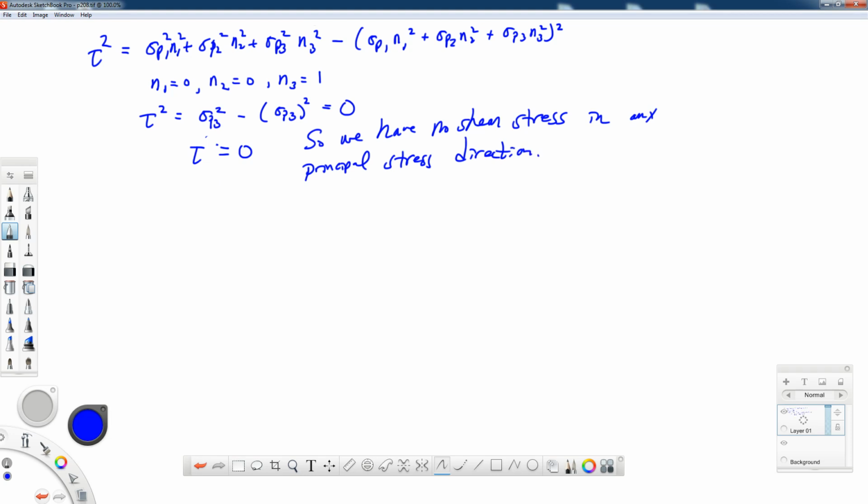It shouldn't be a huge surprise, because we defined our principal stresses as directions in which there are no shear stress. Either way it works out. A more interesting case, though, is the maximum shearing stress, and we're going to find out which directions those occur in.